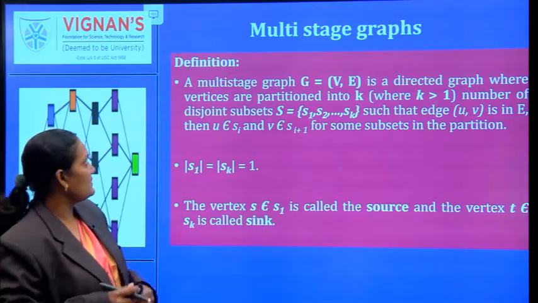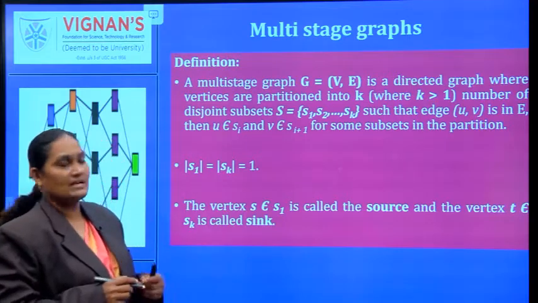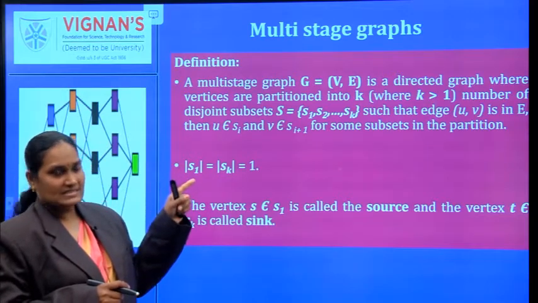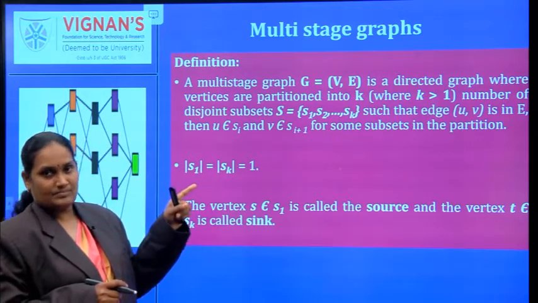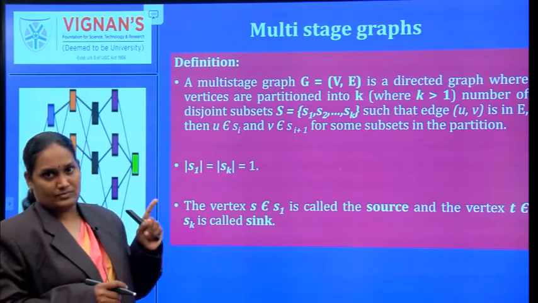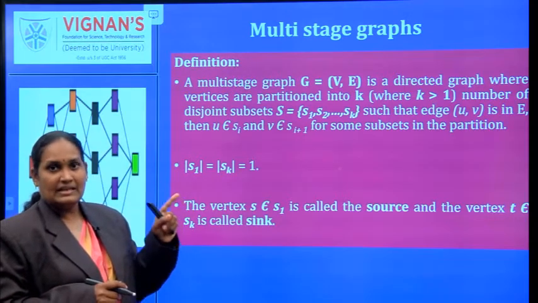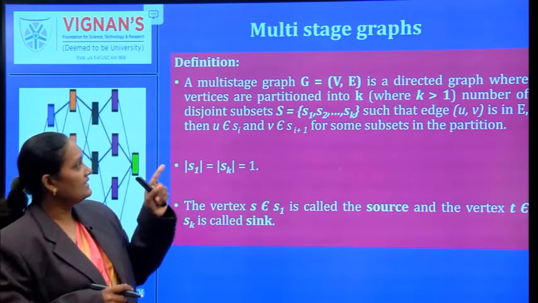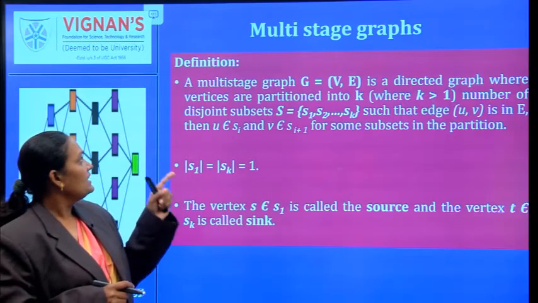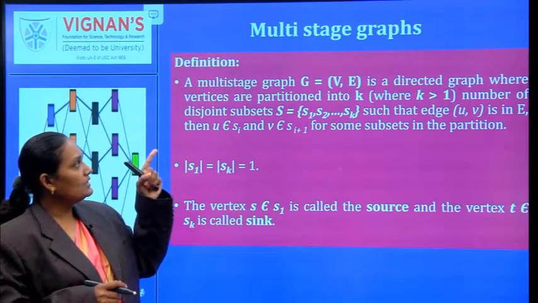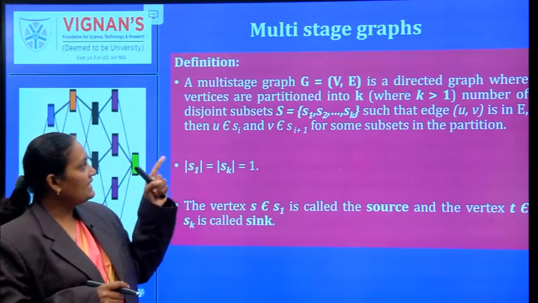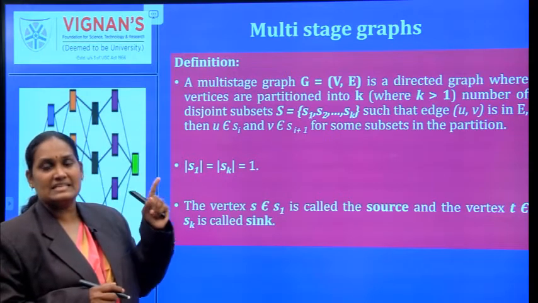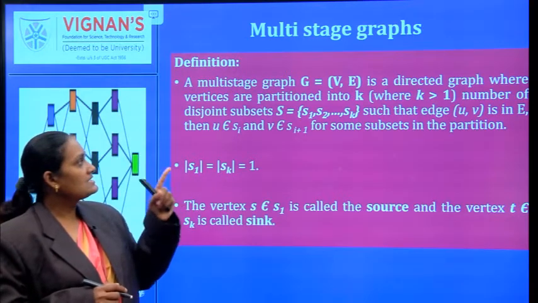Simply, I will explain the definition of a multi-stage graph. Here G is the given graph, V is the set of vertices and E is the set of edges. G is a directed graph. Now in this graph, the set of vertices V is divided into K subsets.